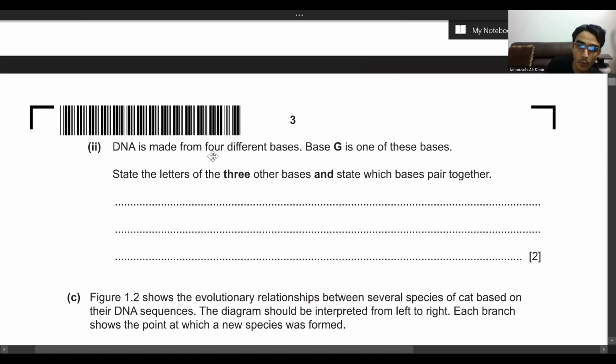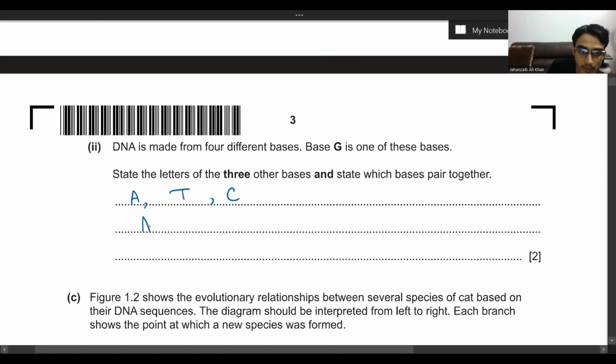DNA is made from four different bases, just as we've discussed. Base G is one of these bases. State the letters of the other three bases and state which bases pair together. Let's see: adenine for A, thymine, and we've got cytosine.